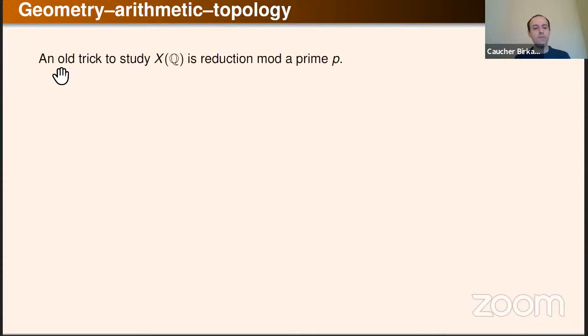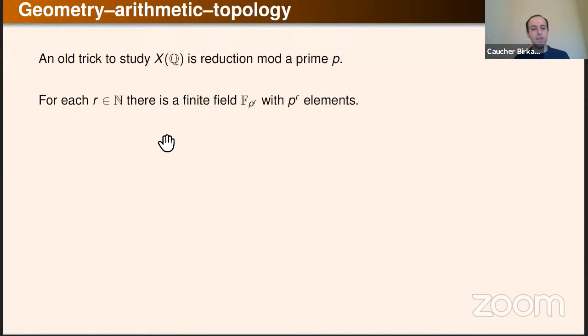Now, in general, a very old trick to study the set of rational points on a variety, or you can make them integer coordinates, is to do reduction mod a prime number p. And then you can see what kind of points you have after you do reduction mod p, but you can do actually more.